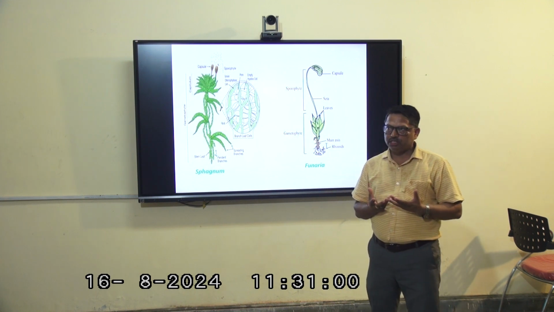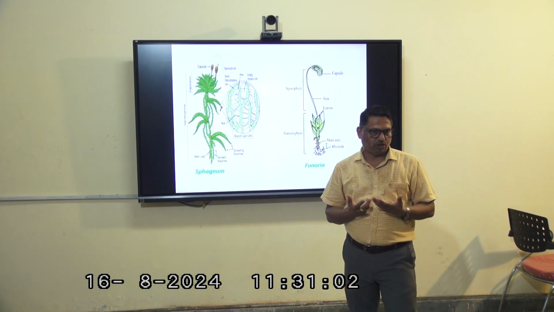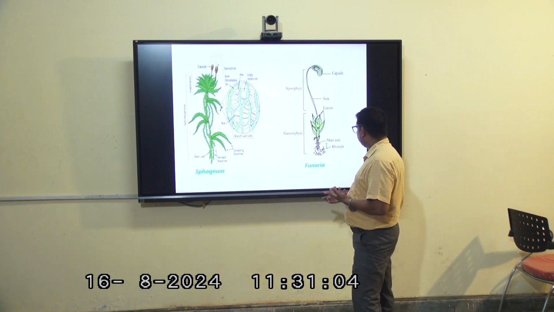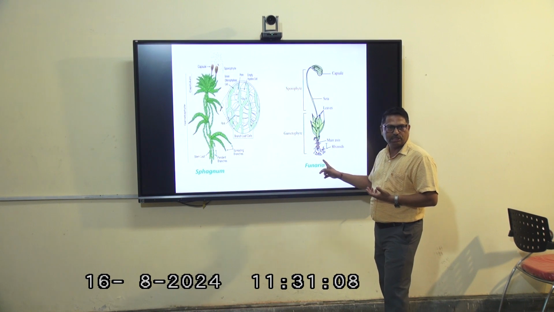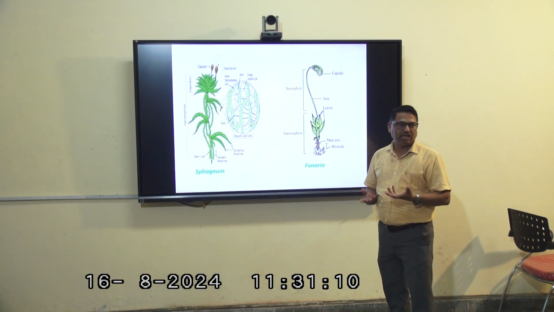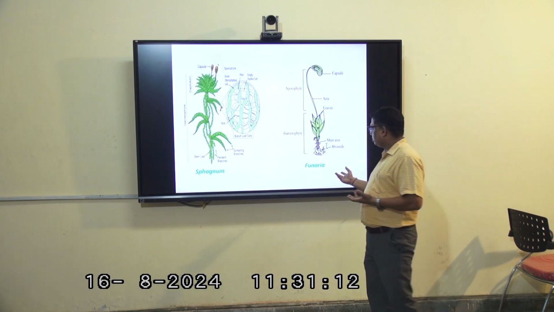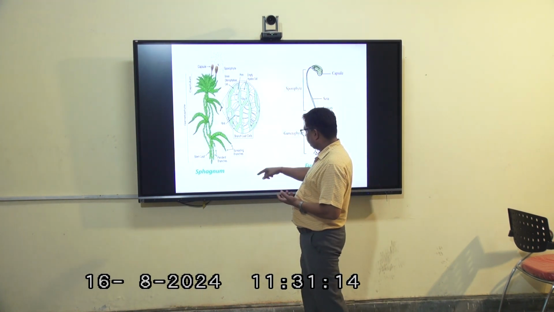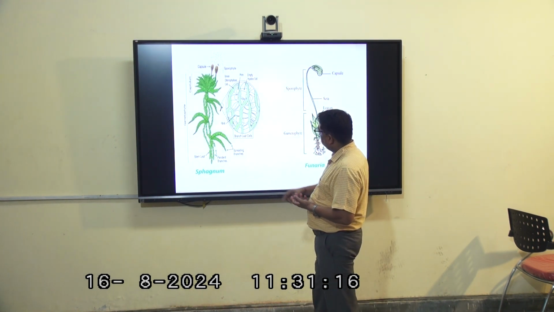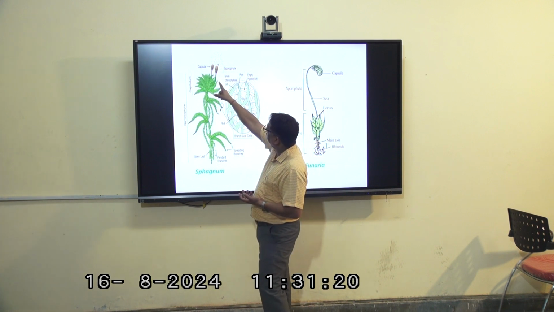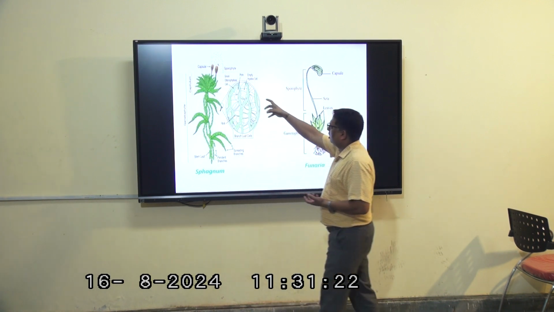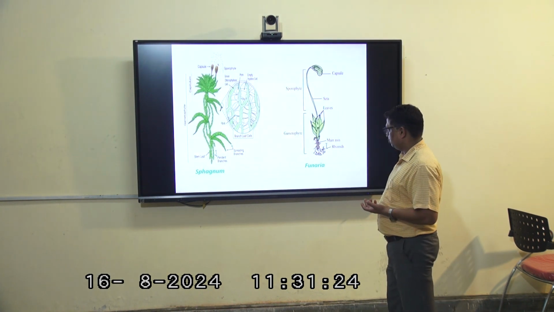The plant bodies have rhizoids, which are substitutes for true roots. They don't have true roots. Likewise, Sphagnum has a gametophyte with a complex structure in a very different form, cone shaped, with a capsule.